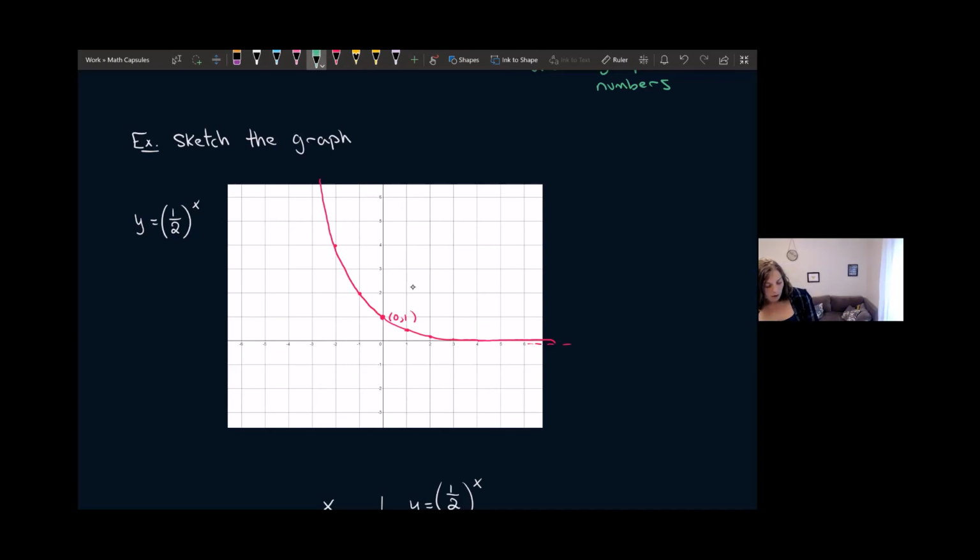So now I have my horizontal asymptote at y equals 0, but it's on the right-hand side. And I have this exponential increase, or really it became a decrease, on the left-hand side. So the two images are just mirror reflections of each other. These are the two cases of exponential graphs. So when my base is less than 1, it's going to look something like this.